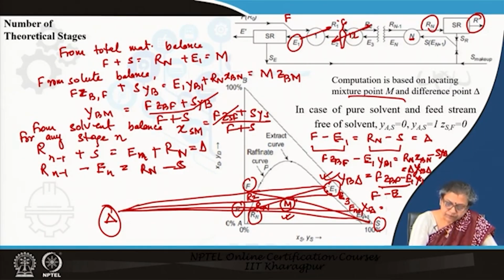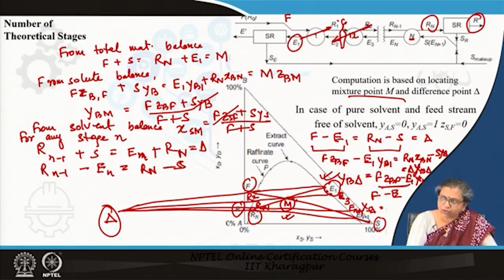So from E1 you get R1, then from the delta point if you extend through R1, you are going to get E2. From E2 you draw the tie line, you will get R2. From the delta point you extend through R2, you get E3.